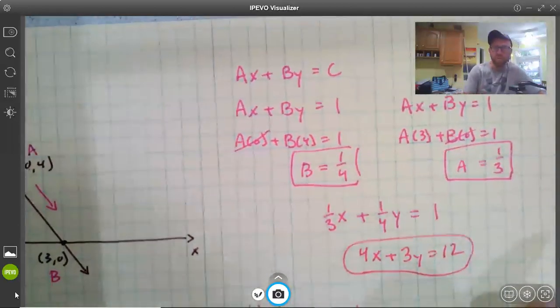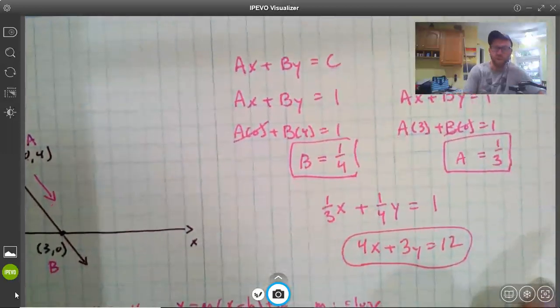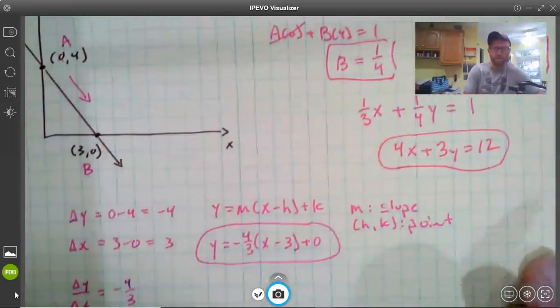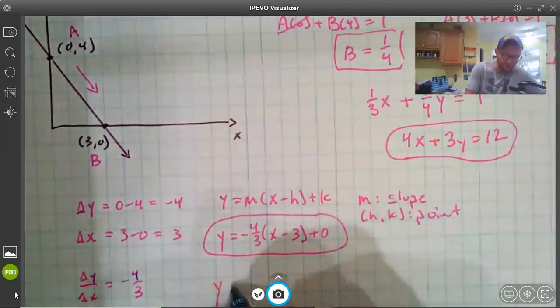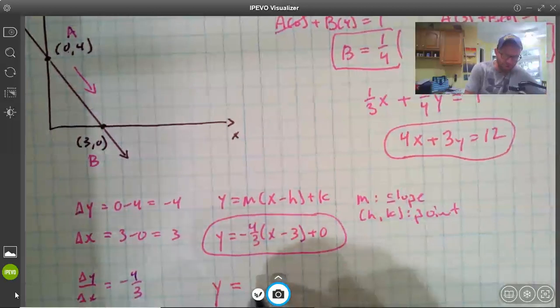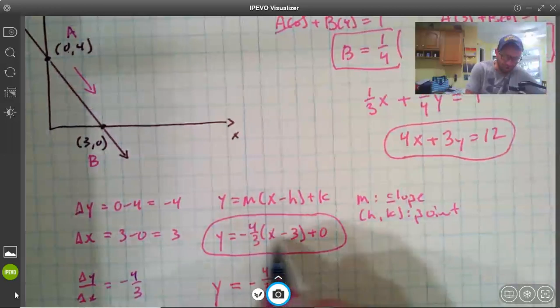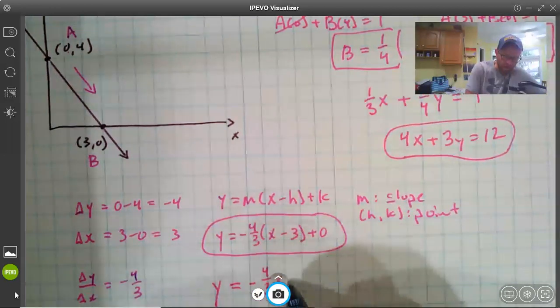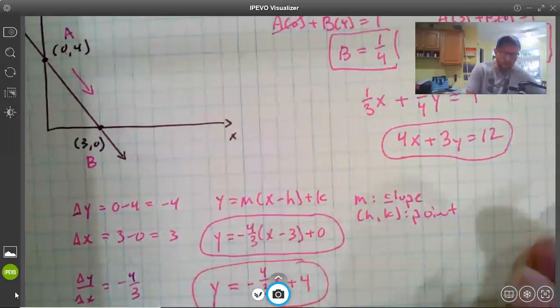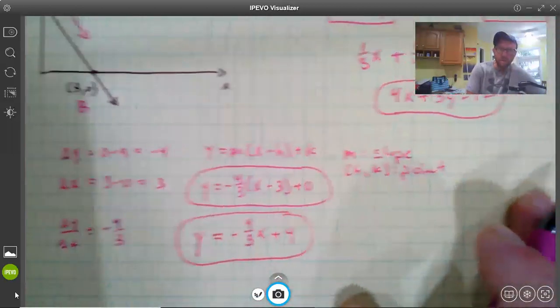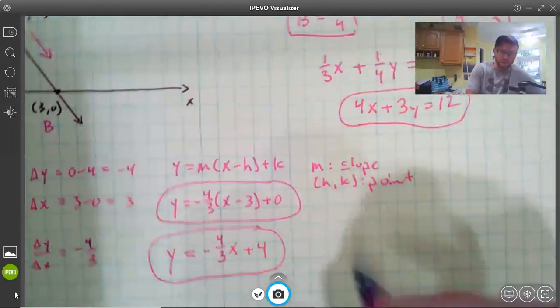And let's show that these two methods give us the same equation in the end. So I'm going to take this one here. Let's open up the parentheses, and I get y equals negative 4/3 x plus 4. Of course, the 0 there doesn't change anything. So there's our equation. Now let's change the standard form one into slope-intercept form.